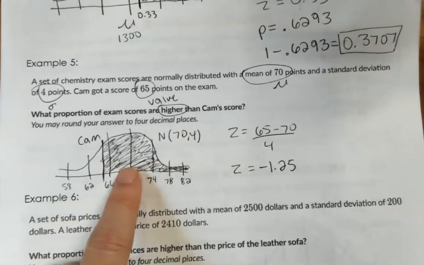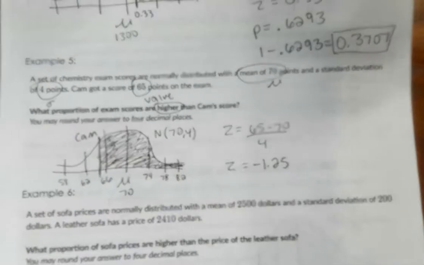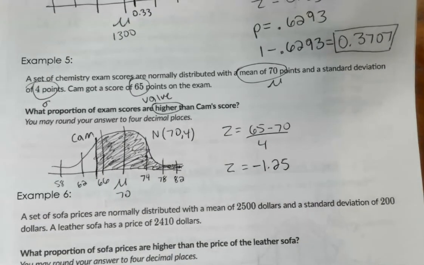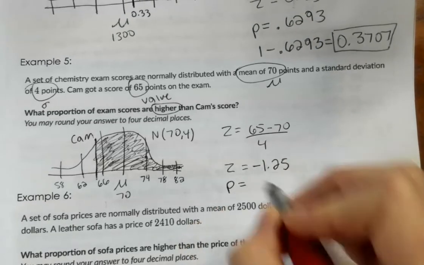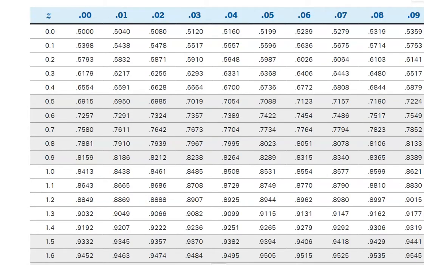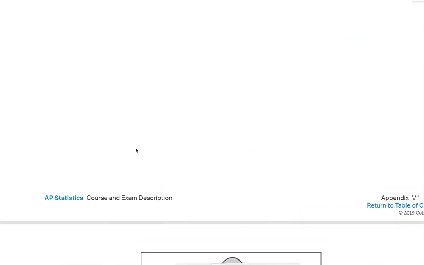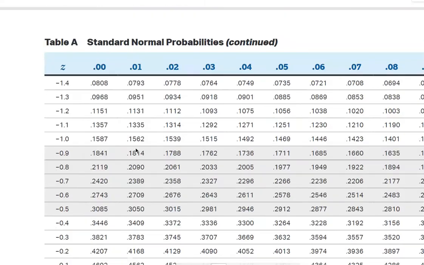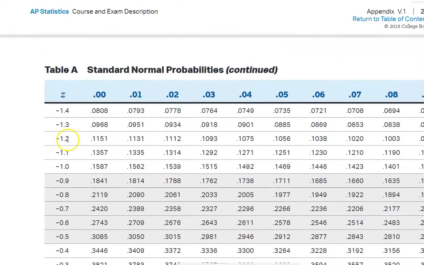Alright, so if I'm looking for the proportion of scores that are higher, I do the same thing as I did when I shaded left, I just have one extra step. So let me go ahead and find the value of P for that z-score. Alright, this time I should be in the negative section. Negative 1.25. So here's negative 1.2, and I'm going to go over to the 0.5.